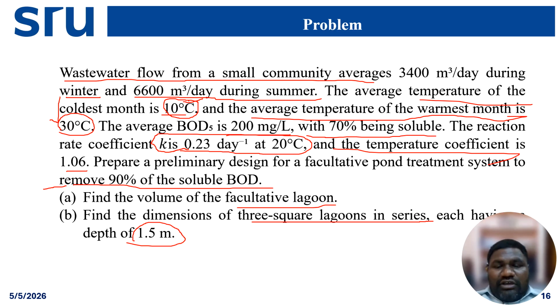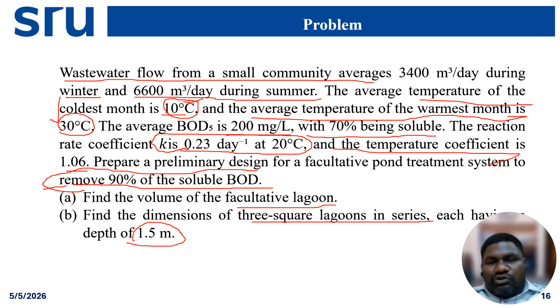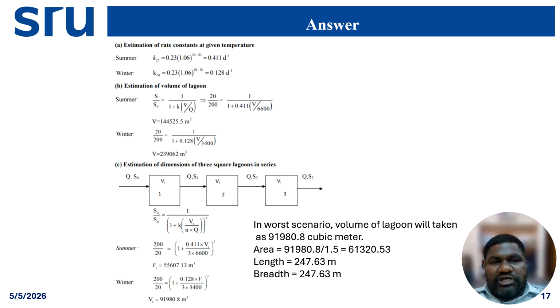I think the question is very clearly given. The effluent BOD will be 10% of the soluble BOD, since 90% is removed, so the effluent BOD will be 20 milligram per liter. I will show the answer step by step.